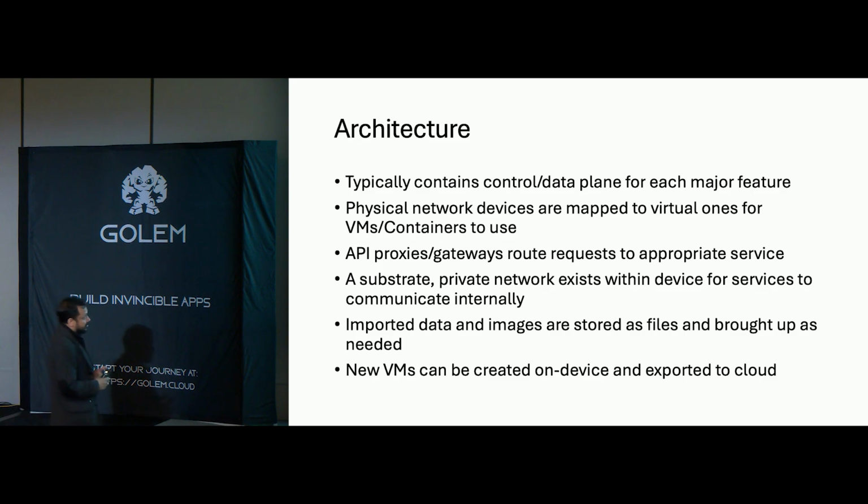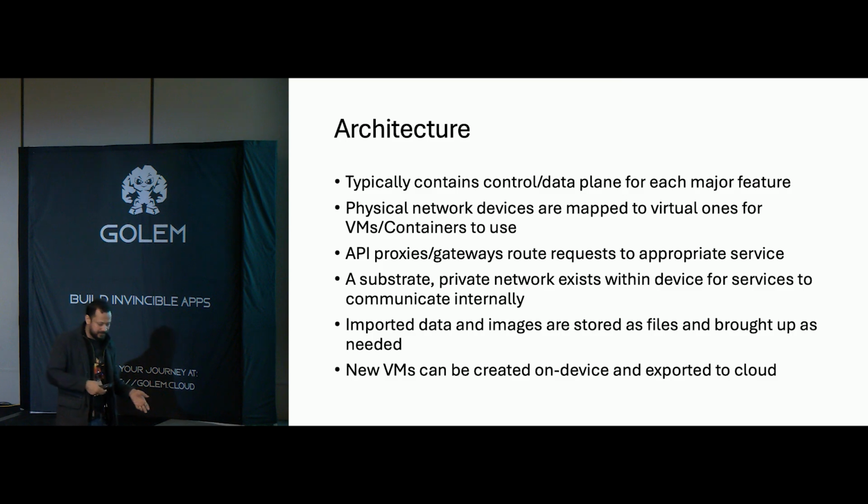Imported data and images are stored as files. So how do we take these applications and data? The data is typically taken in snapshots, right? The VMs are typically taken as images. So what they will do is create a custom image in the cloud from a VM that will contain your boot drive and the other drives that were there in that machine.